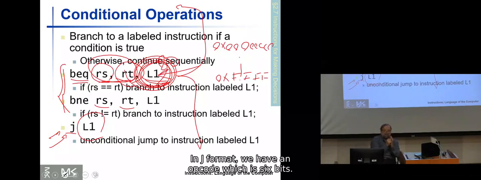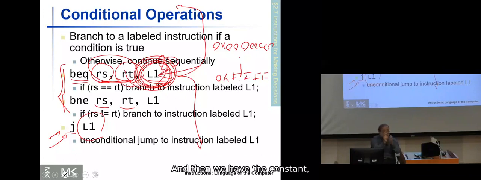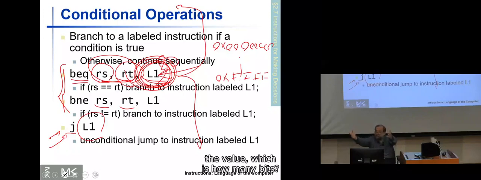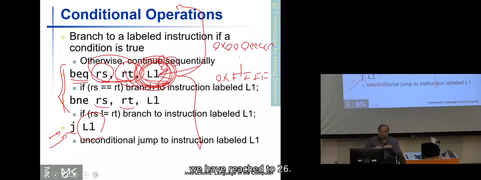In J format, we have an opcode, which is 6 bits, and then we have the constant, the value, which is how many bits? 26 bits. So instead of 16, we have reached 26. But it is still not enough, because we want 32 bits. So what to do?